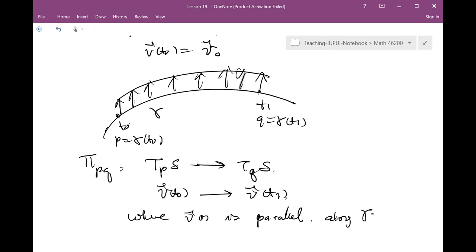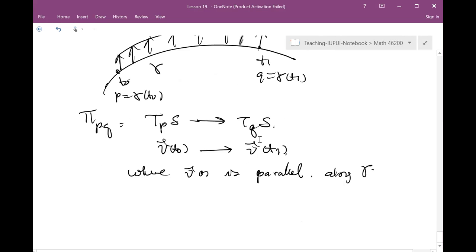So this is a parallel translation. We just proved that this is a linear map. Not only a linear map, I think it even preserves the length of the vector, but it's much harder to prove.